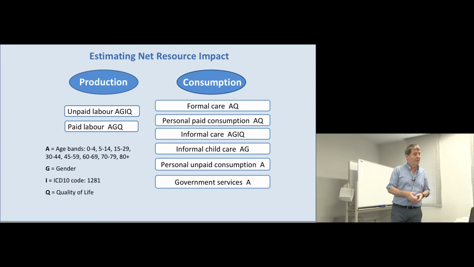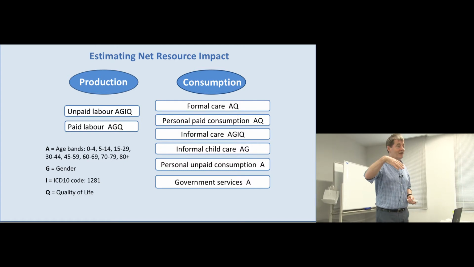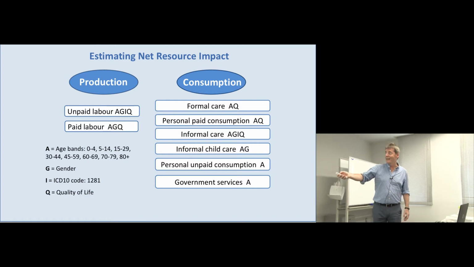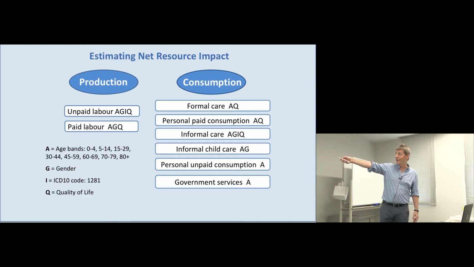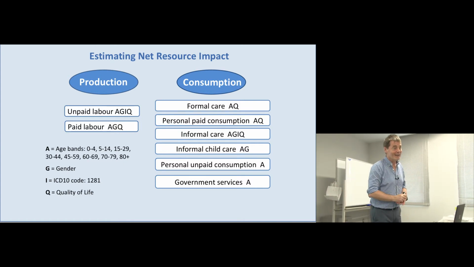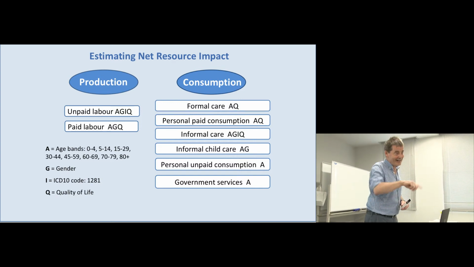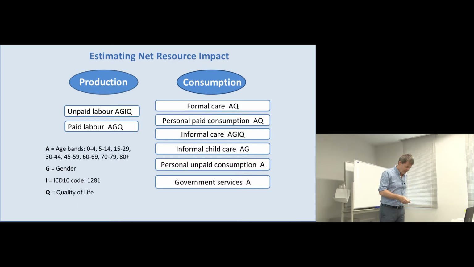But if instead we have a patient who's at point 8 and we move them to point 9, that is quite likely to affect possibly paid labour, possibly unpaid labour, and also may lead to reduction in some of these areas of consumption. And so the Department of Health, you'll be glad to know in England, was thinking along the lines that you were suggesting, that weighting QALYs by severity is one thing, but there's something missing. And these are best captured by this net resource impact.